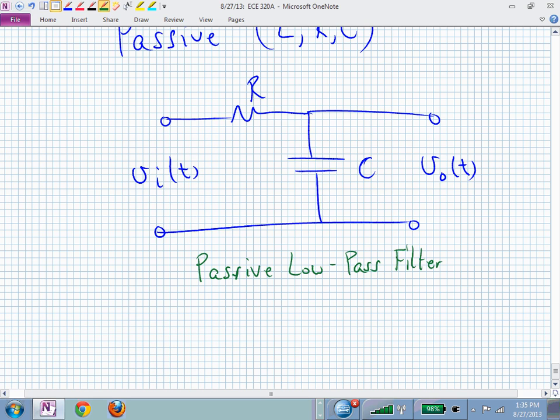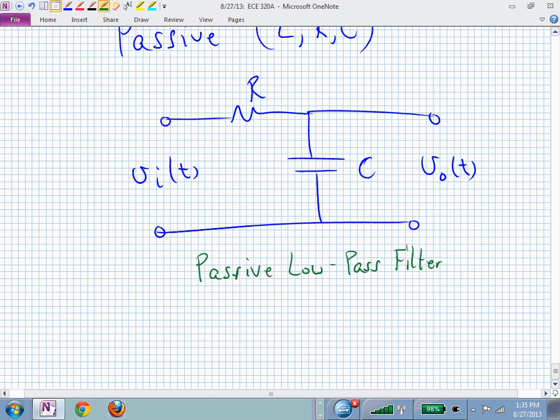You now need to figure out, what's my bandwidth? What frequencies do I want to pass? Which frequencies do I want to throw away or get rid of or attenuate? That's going to influence your choice of R and C. And we'll learn how to pick those values to give us the cutoff frequency or the bandwidth that we're interested in.